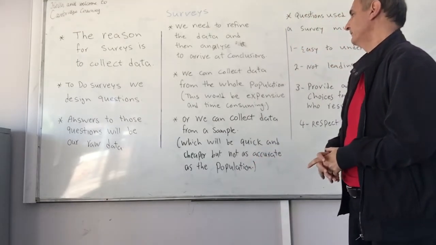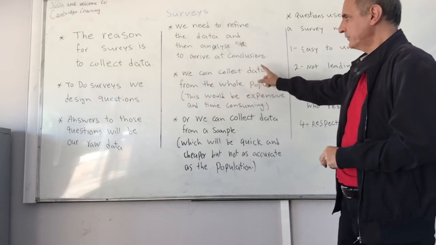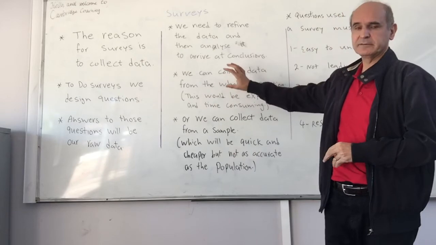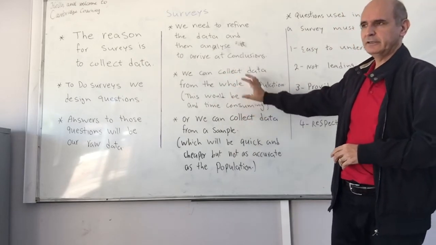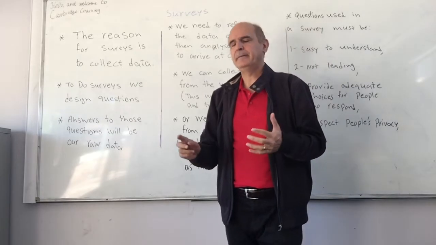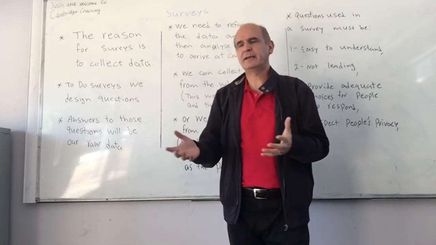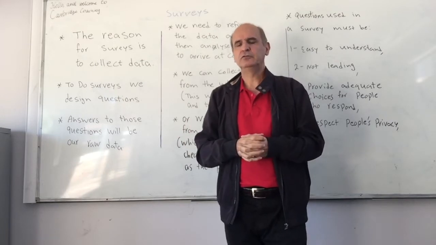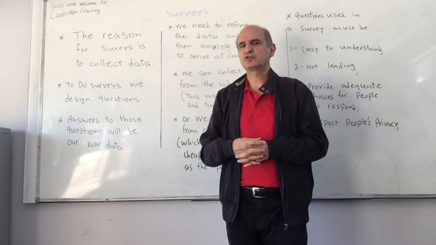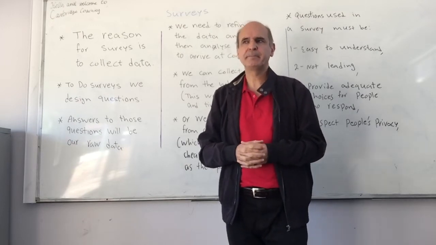And then you can collect your data in 2 ways. One is using a sample, the other one is to use the whole population. Say in the example I gave you, you want to see people's choice for the food at the school canteen.